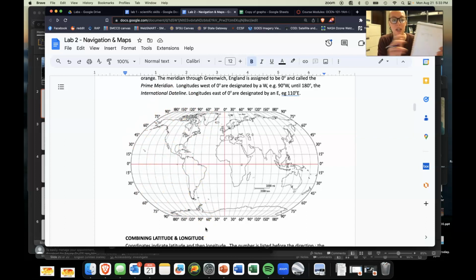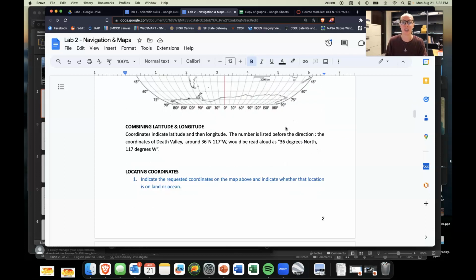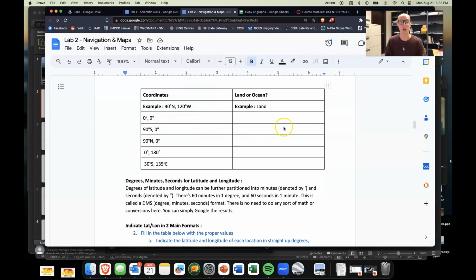In this particular map, latitude tends to be straight lines, whereas longitude has some curves to them. Because of those curves, when you find that 120, remember curves are sexy, follow the curves, right? Where 120 intersects with 40, I would say that is about over land. So just do your best with this exercise. I know it can be a little wonky at first, but do your best and fill in the rest of this table.